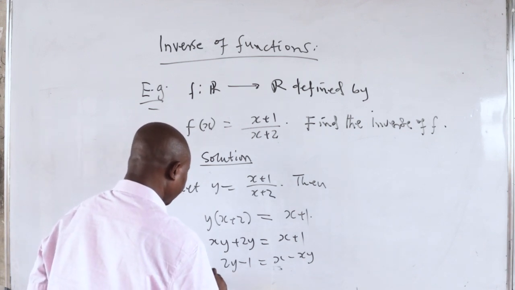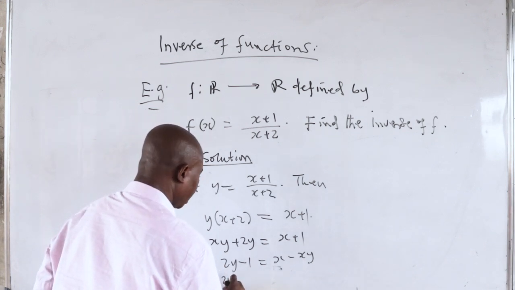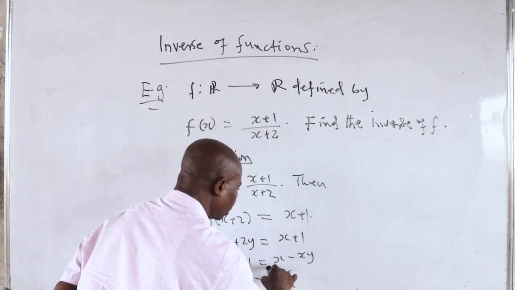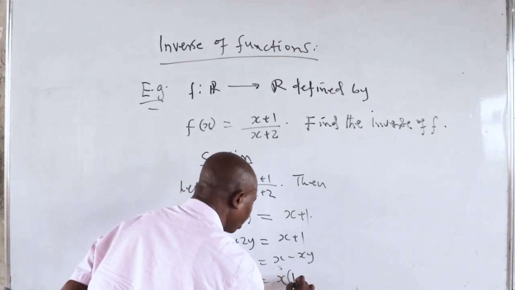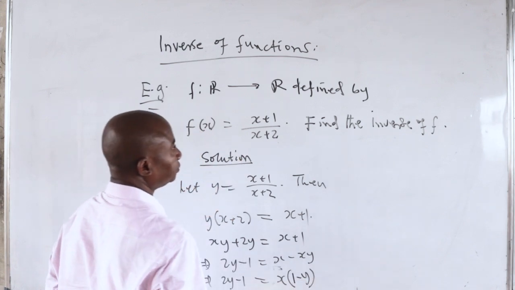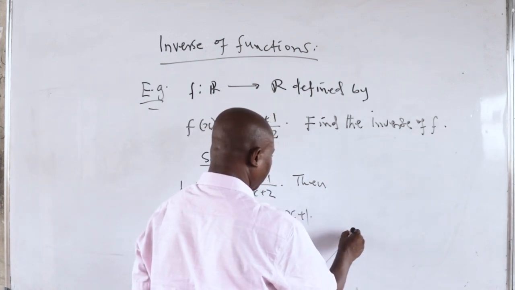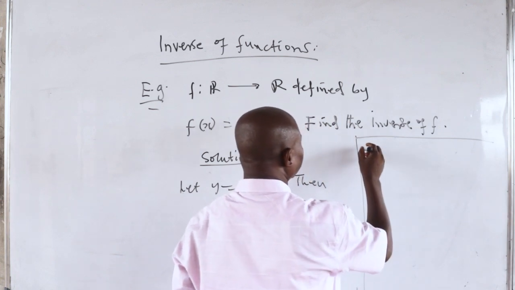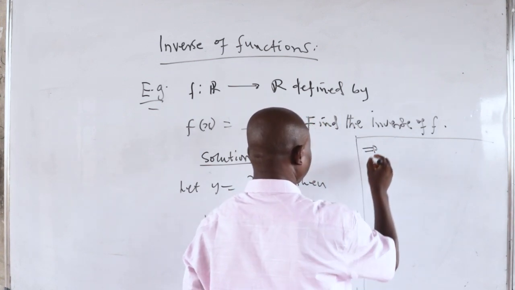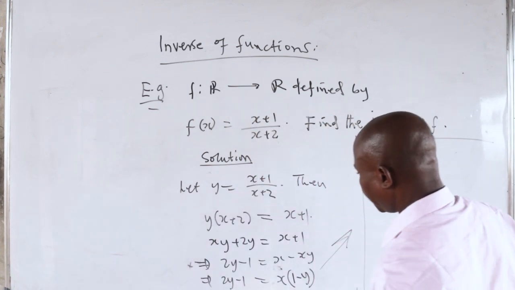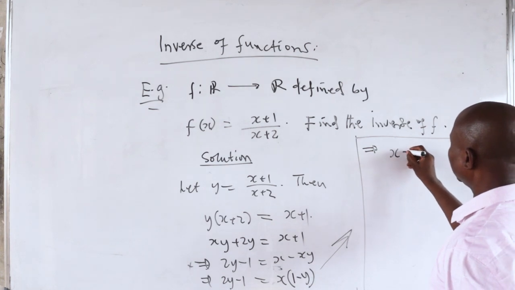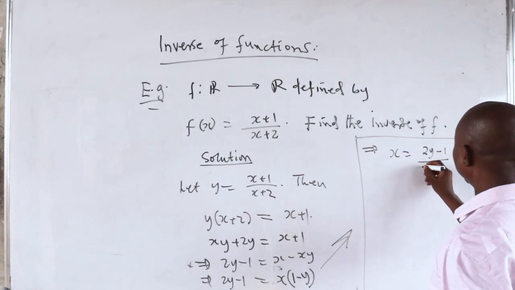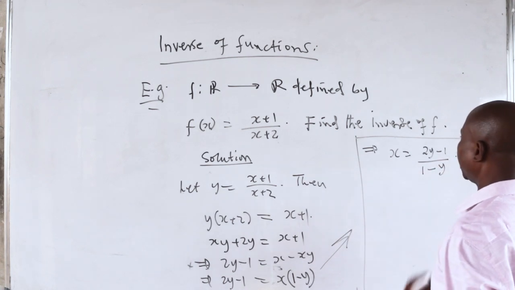From here we get that 2y minus 1 is equal to x, and we factor x out here, we get 1 minus y. And this gives us that x alone is (2y minus 1) divided by (1 minus y).